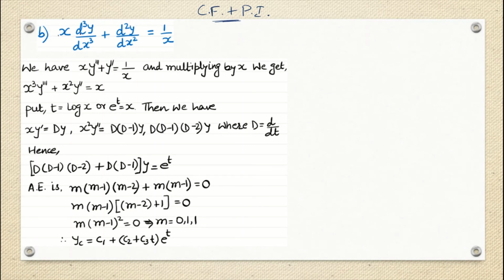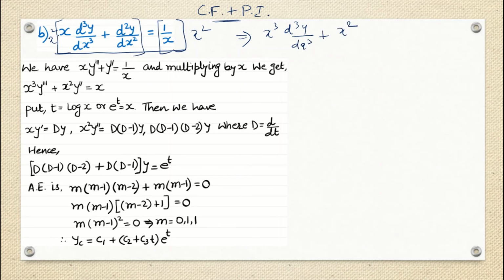But we can rearrange this given differential equation. And how? If I multiply the left hand side and the right hand side with x square, what will happen? It will give me x cube d3y by dx cube plus x square d2y by dx square equals x, correct? Now just concentrate on this function.